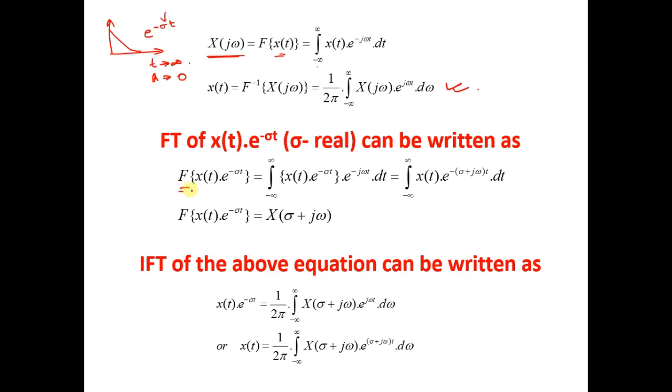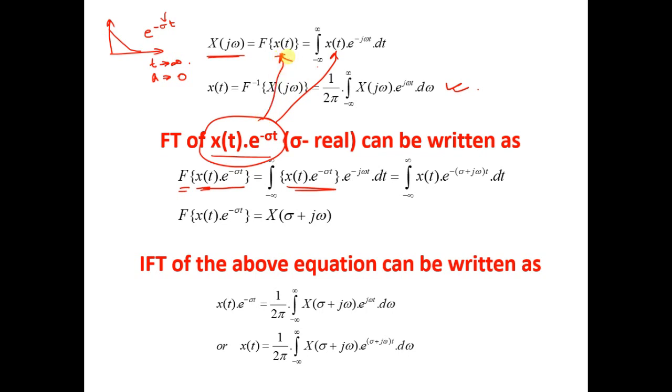If you see, instead of x of t in the Fourier transform, we multiply the signal with e to the power minus sigma t, and we get x of t into e to the power minus sigma t. Over here also, x of t has been replaced with x of t multiplied by e to the power minus sigma t multiplied by e to the power minus j omega t. We have just taken this and put it wherever we had x of t.